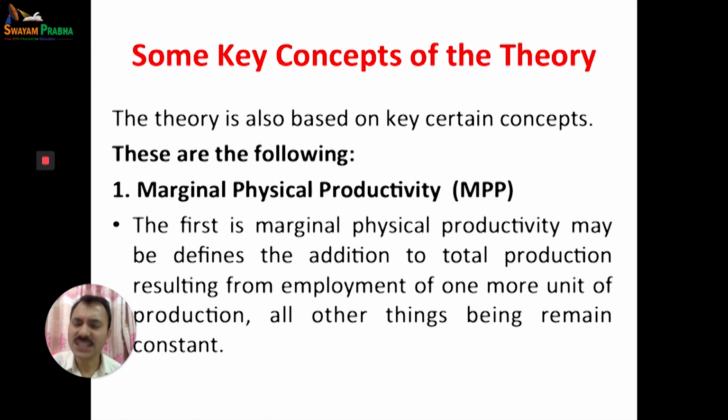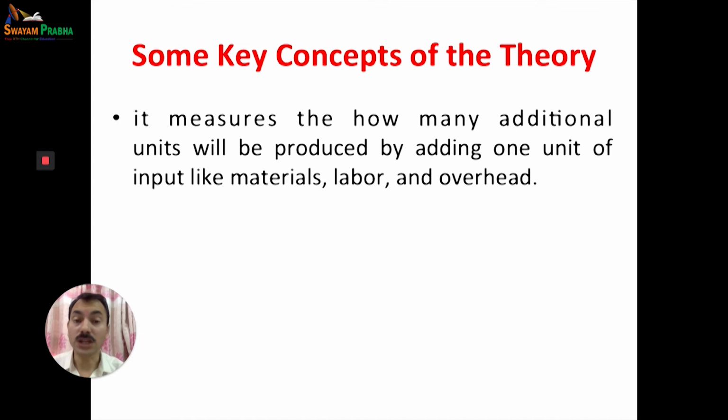When you produce the next unit of production, as in the previous slide's example, if one factor produced 5 units and the second produced 9, then 9 minus 5, which is 4, is the marginal product, the additional production. But here we have to assume that other things remain constant. It is measured by how many additional units will be produced by an additional 1 unit of input, like material, labor and overhead.